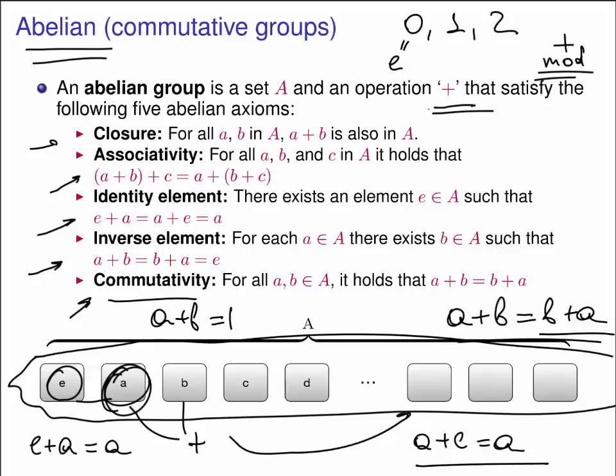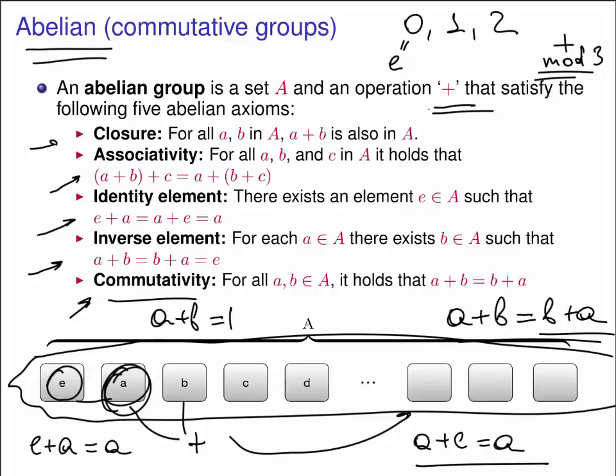Also, it's closed, since we have an operation modulo 3. For example, 1 plus 2 is equal to 0. We'll see that the other axioms are satisfied, and for each element we have an inverse element: 2 will be the inverse of 1 and 1 will be the inverse of 2.